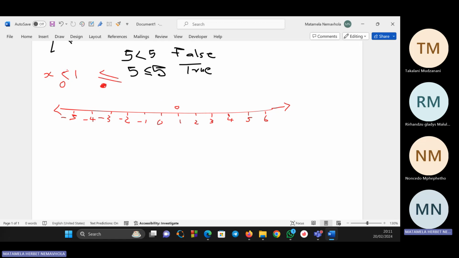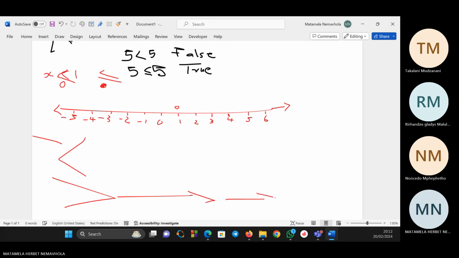The arrow points in this direction. Less than points going to the negative, but greater than points going that side. So I start at 1 and draw a line going until I stop.